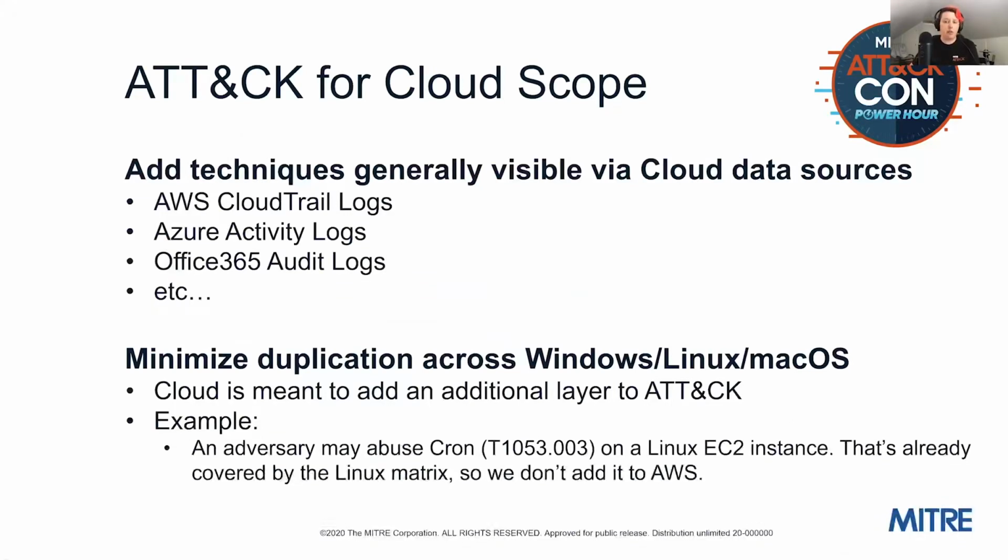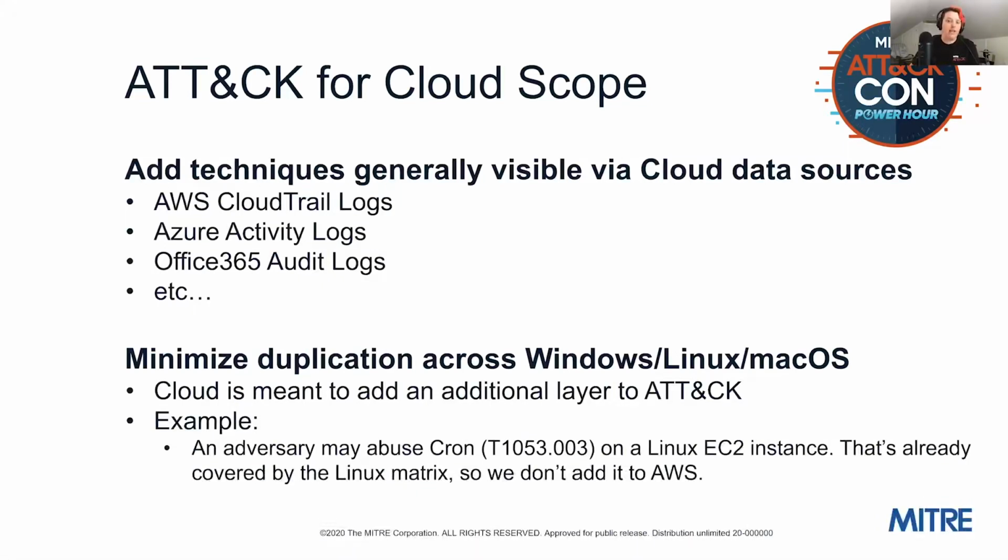If you're familiar with the shared responsibilities model of cloud service providers, these are data sources that you as a customer have visibility into and are generally responsible for. To think of it in the opposite way, the cloud matrices generally don't contain techniques that only the cloud service providers would have visibility into. We might find that there are exceptions to this over time, especially when it comes to SaaS providers. But for the most part, this is what we're scoping for.